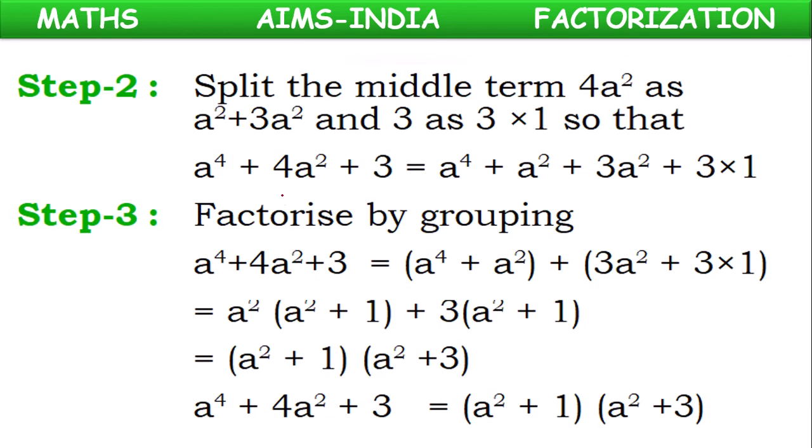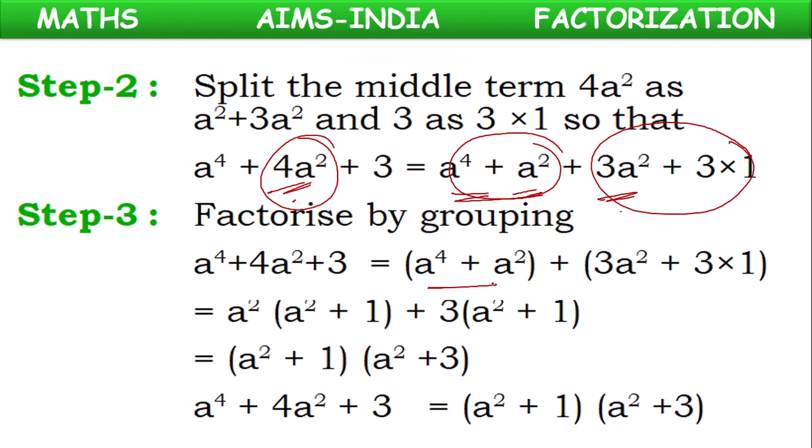So what we will do, we will split the middle term 4a square into a square plus 3a square. Now, these two are one group, and these two are another group. From the first two, if we take a square common from a to the power of 4, one more a square will remain. In the second term, if we take a square common, 1 will remain.